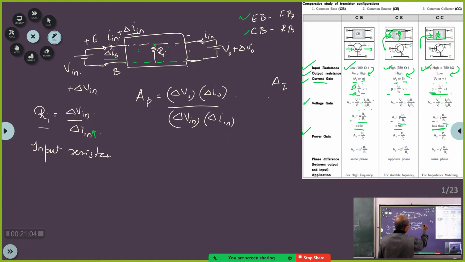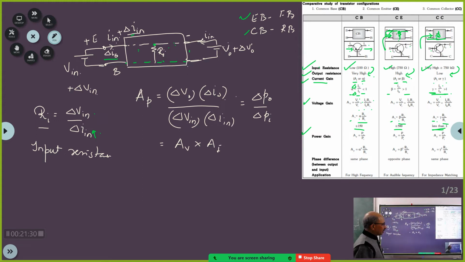This is the input power, this is the output power. So this will be nothing but AV into AI. Clear? That's it. Very simple. That is power gain. Frankly speaking, it should be delta PO upon delta PIN. This is the power gain.